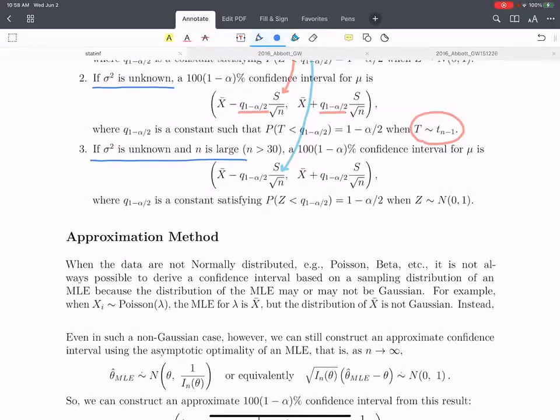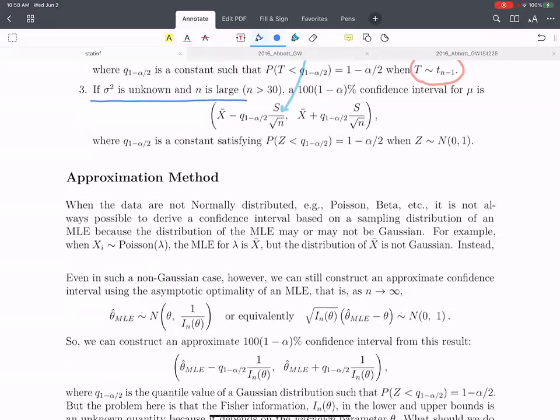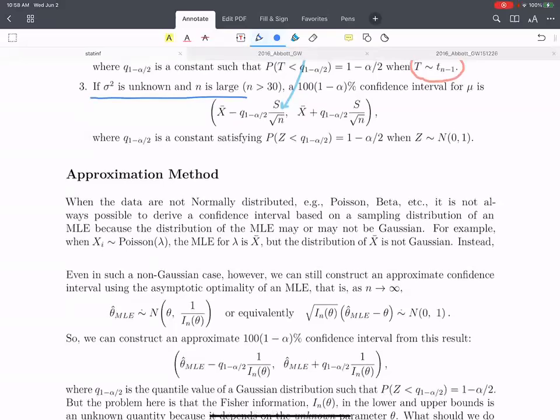For example, if the data are coming from a Gaussian, we know that the MLE for mu is the sample mean. And if the data are Poisson counts, then the MLE for the rate will be the sample mean again. If the data are coming from a Bernoulli distribution, then the MLE for theta was the sample proportion, which was also the sample mean of indicators. So in the non-Gaussian case, what can we do?